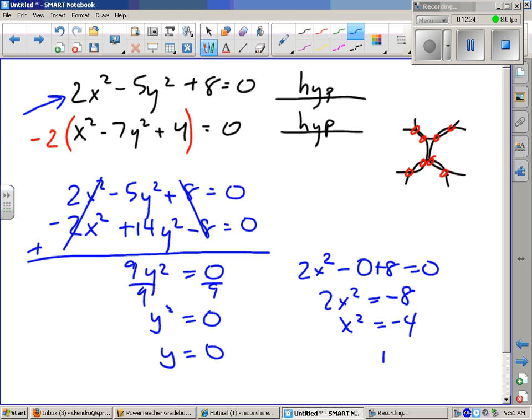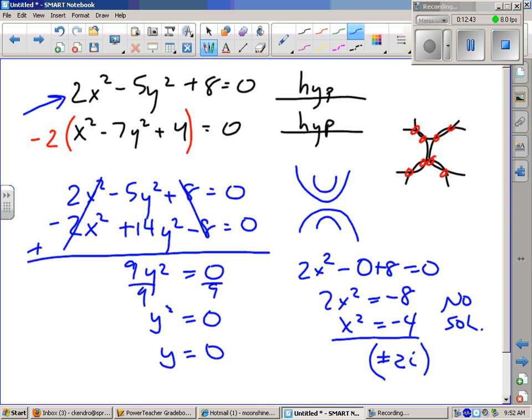You can get plus or minus 2i, but we're not going to do imaginary numbers. So this basically has no solution. If you get a negative with a square, there is no real solution. And basically what it's going to look like is probably something like that. The two hyperbolas don't overlap anywhere.